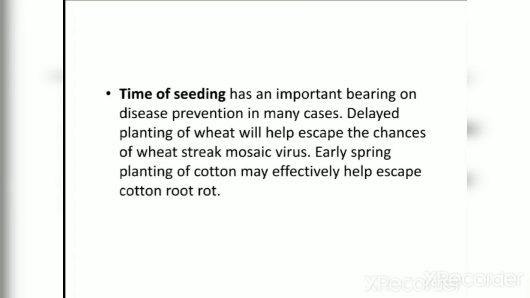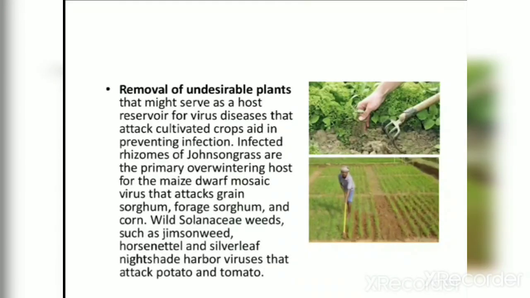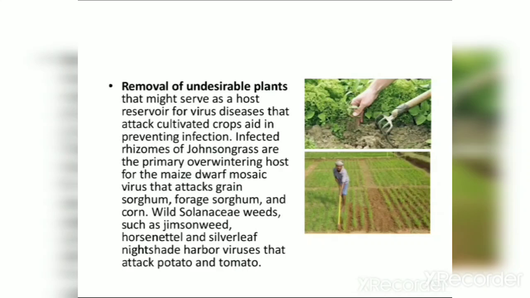So this is also one of the major cultural practices that need to be adopted. The next one is the removal of undesirable plants. We all know that many plant pathogens harbor in unrelated crop species on the agriculture farm.